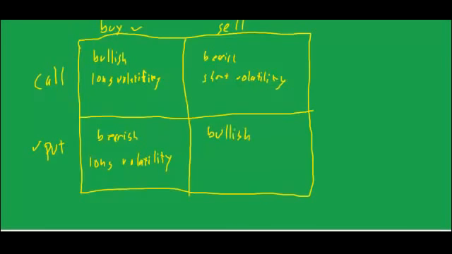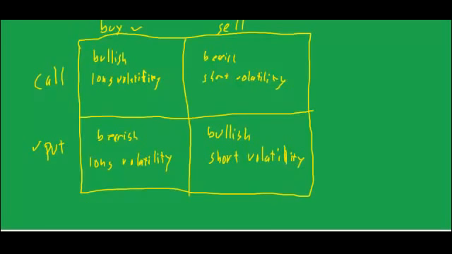That is, you're willing to lose money if the stock goes down, which means you don't expect the stock to go down. And you're short volatility. That is, you've sold the put option, so you're short volatility.